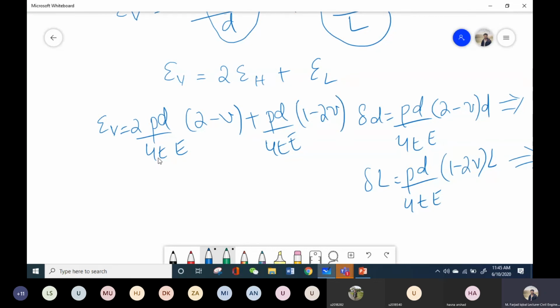So if I simplify this equation, I will get epsilon V as PD over 4TE into (5 minus 4 nu).